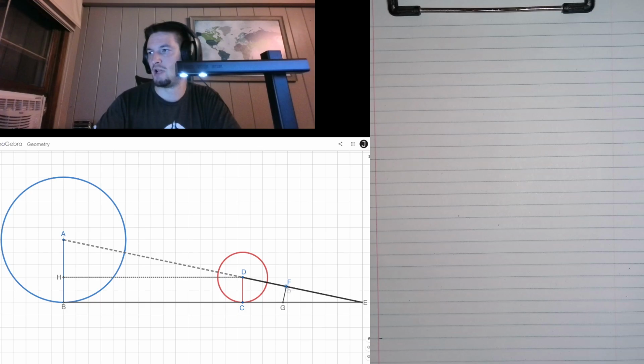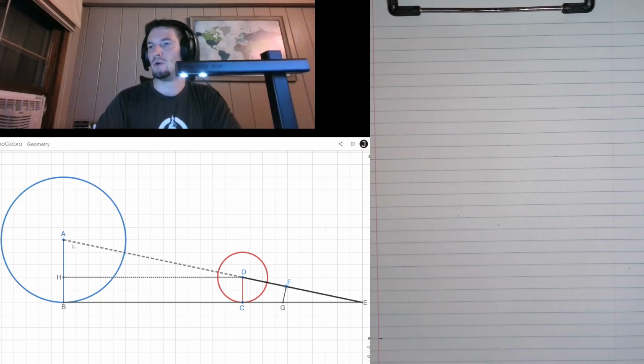So this small triangle is similar to the larger triangle, and this small triangle is similar to the larger triangle. Because one is similar to the other and the second is similar to the third, that means all three triangles are similar. That's great.